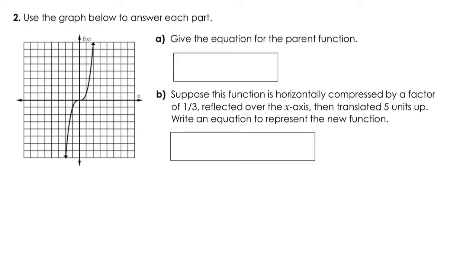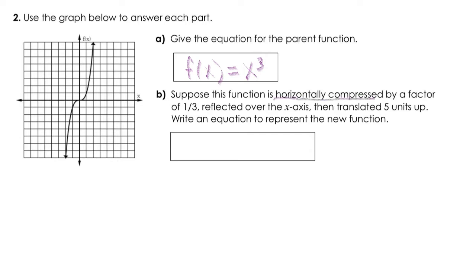Okay, for the next part, we're going to use this graph. And for the first part, it wants us to identify what the parent function might have been. And here for our parent function, it looks like it would be x cubed for sure. Okay, and then let's look at some transformations.